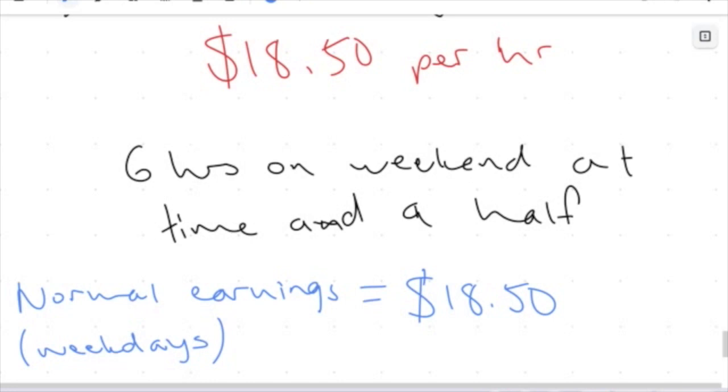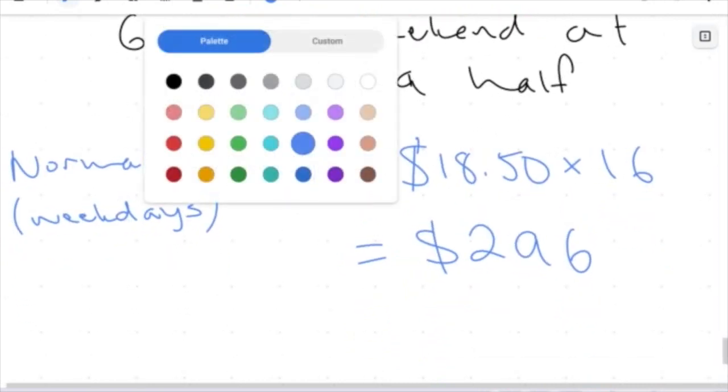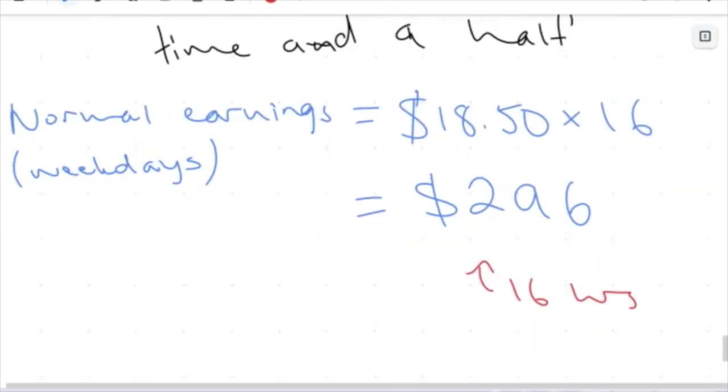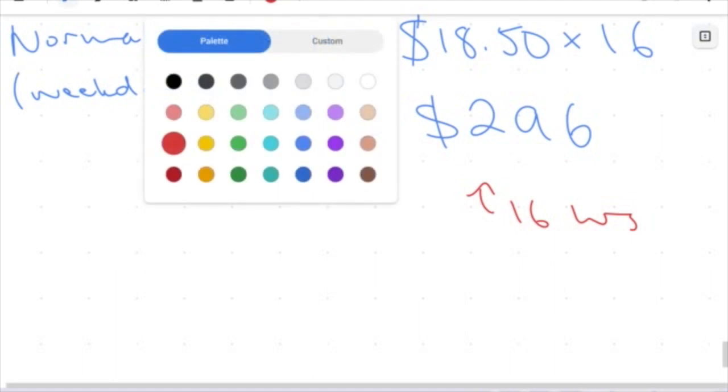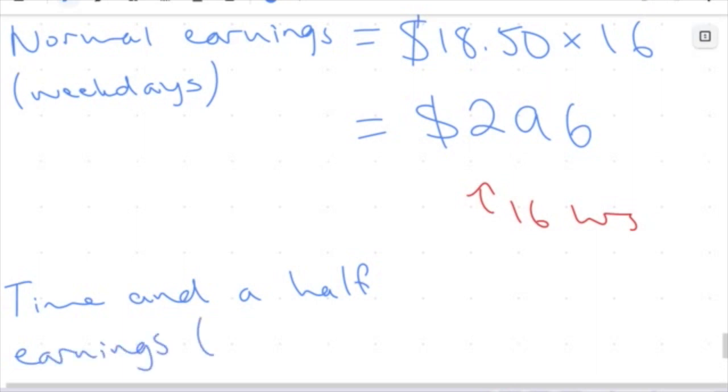So we're taking 16 lots of this pay, timesing that by 16, and we end up with $296. This is how much you've made for the 16 hours. Now we have our normal earnings. Let's calculate our time and a half earnings. This is for your weekend.